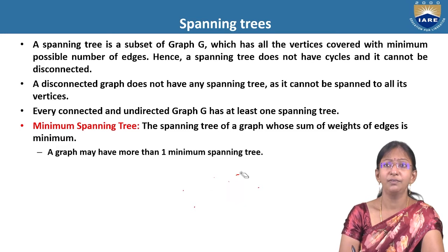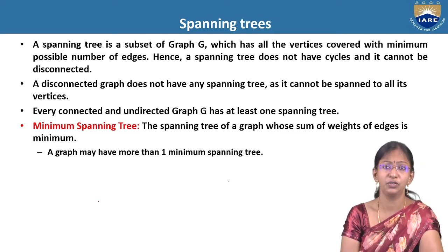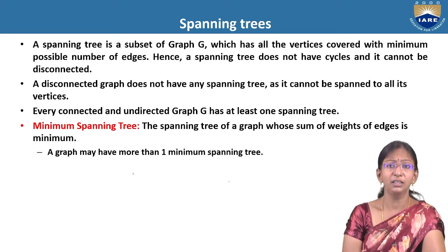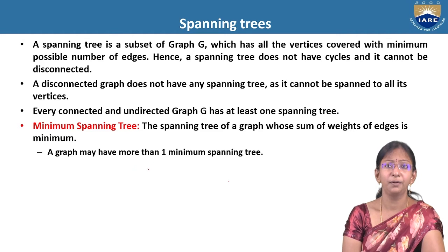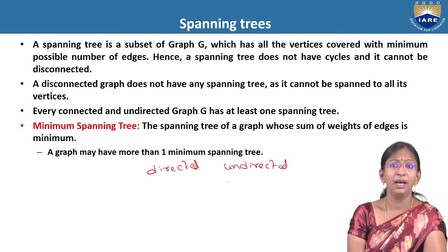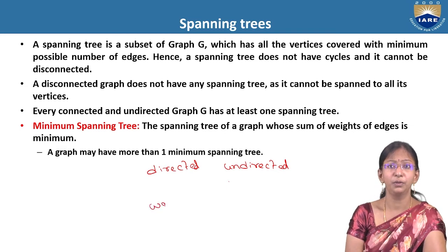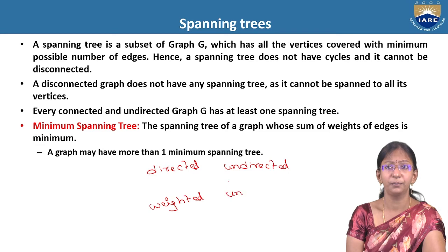So we have generally graphs. As we said, a graph is a collection of nodes and a set of edges, right? So in a graph, we have two types of graphs: directed and undirected. Two types of graphs we have. And they are further classified into weighted and unweighted.